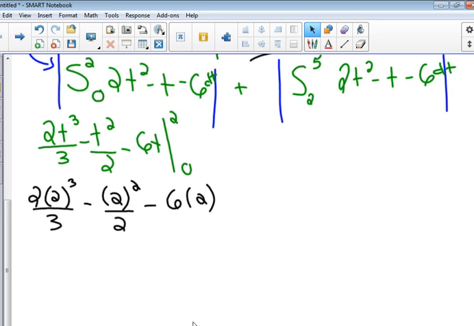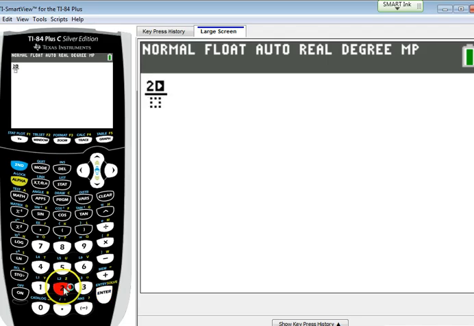But you do need to put parentheses around this guy. So it's 2, parentheses, 2 cubed over 3. See how it's already done with the order of operations?